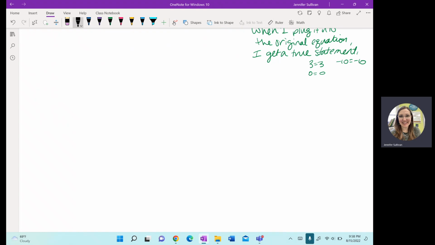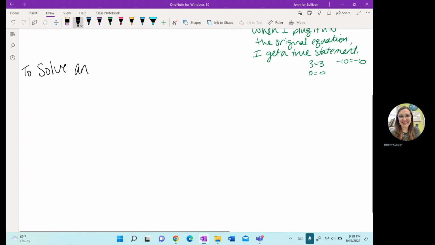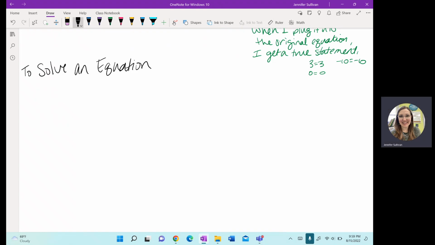That'll be funny. Okay, let's get into some actual action steps. How do I go about solving an equation? To solve an equation, one thing that's helpful for some people to think about is order of operations.